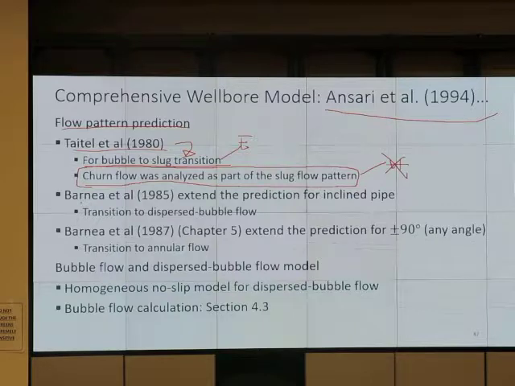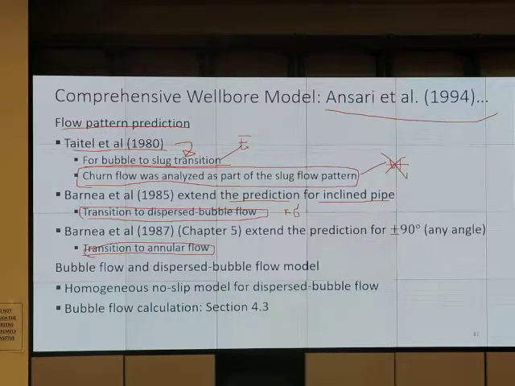Then they use Barnea et al. 1985 to extend the prediction for inclined pipe. Transition to dispersed bubble flow. This is transition F and G. And they have the comprehensive Barnea et al. model for any angle for the transition to annular flow.